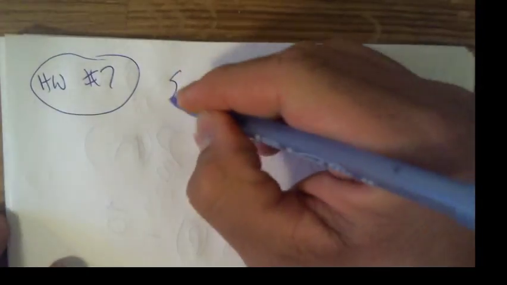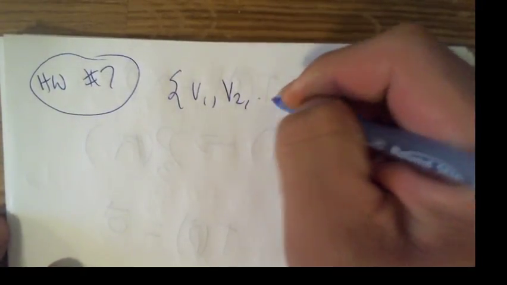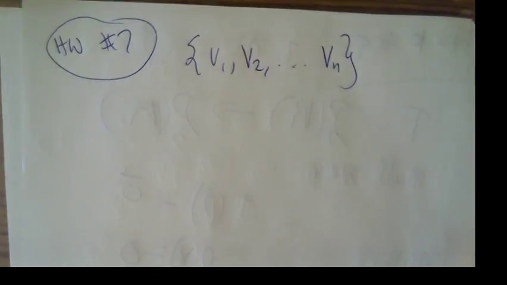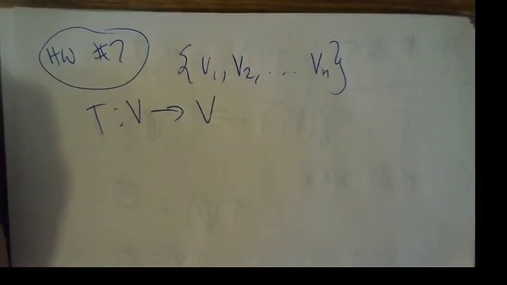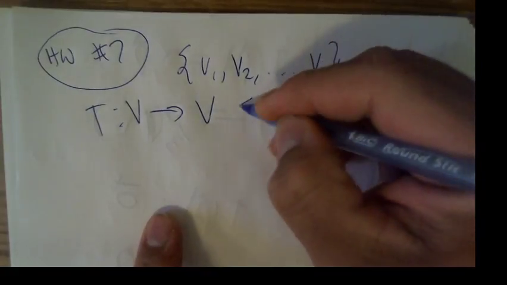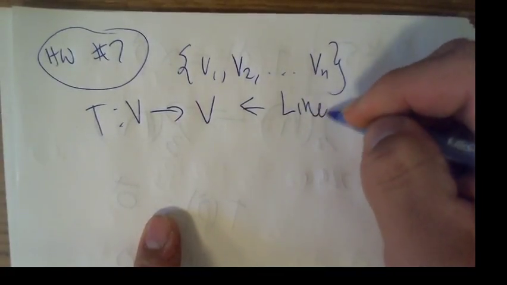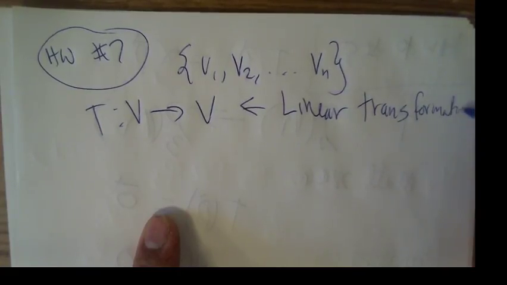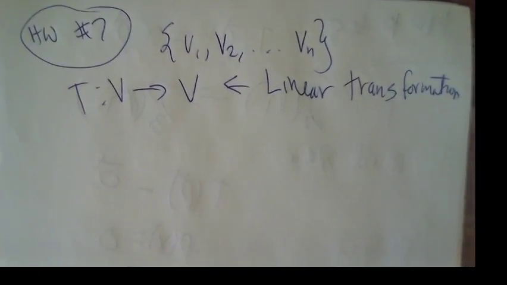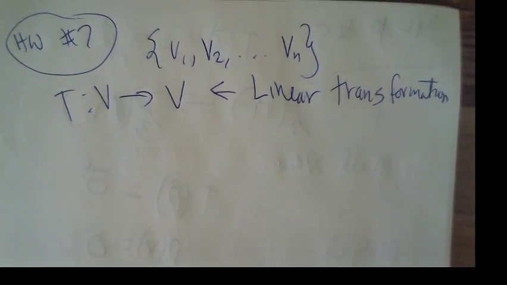Okay, so for homework 10, number 7, we're given a basis. And I define a transformation within the same vector space, and they tell me it's linear. They tell me it's a linear transformation, and they also tell me that this is a basis.